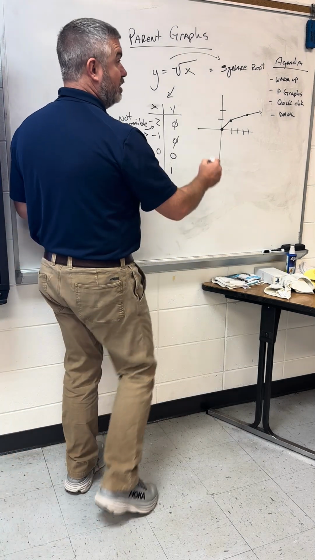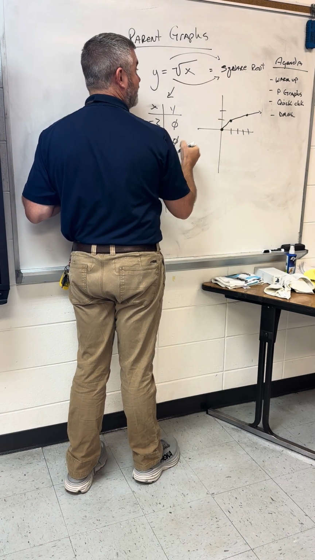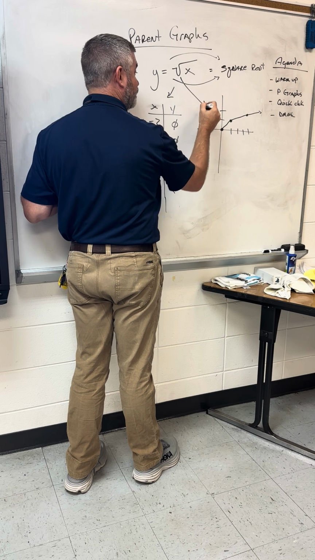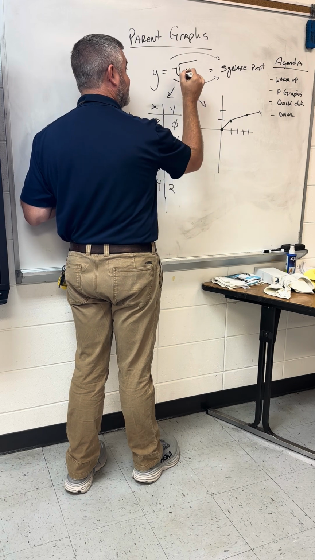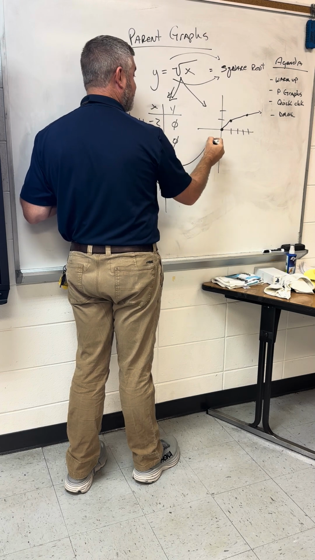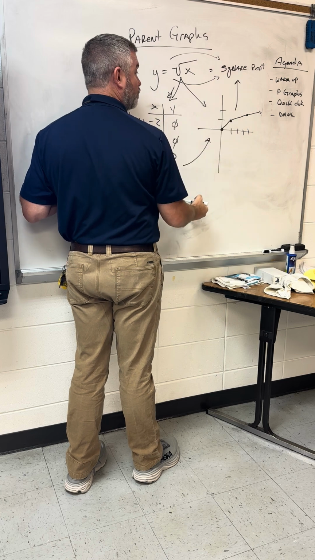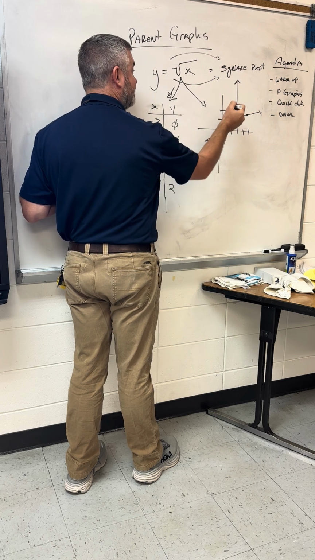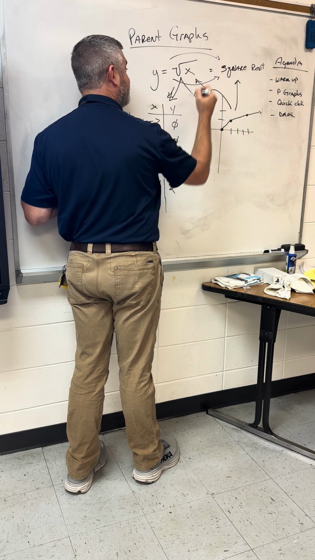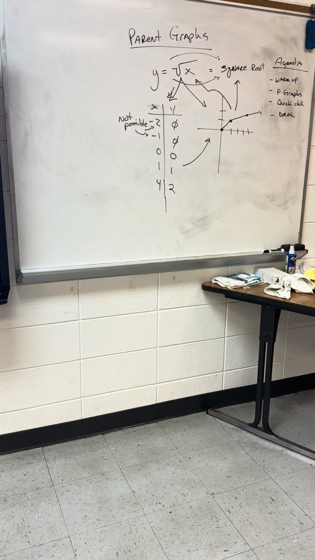So you need to know that this goes with this, and this goes with this. This T-chart gives you this graph. This graph is called the square root graph. This graph is made of the parent function y equals the square root of x. All of those things are interconnected.